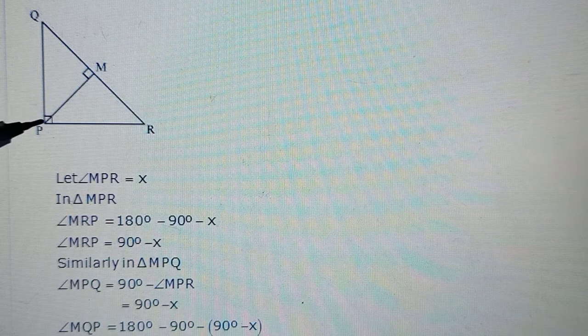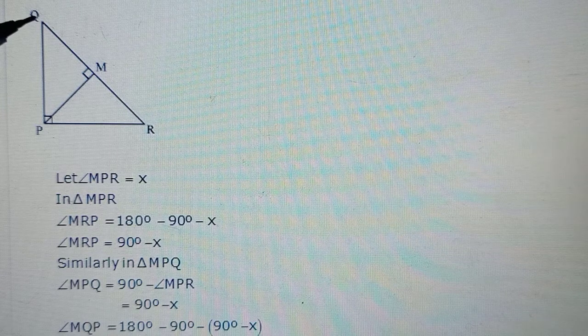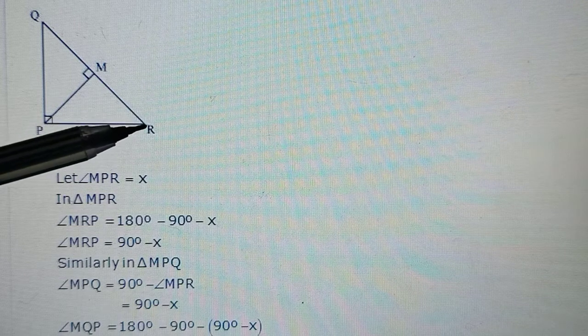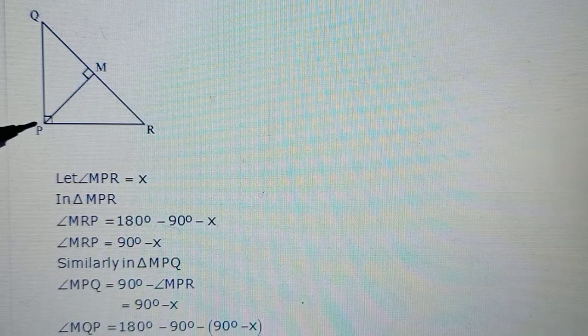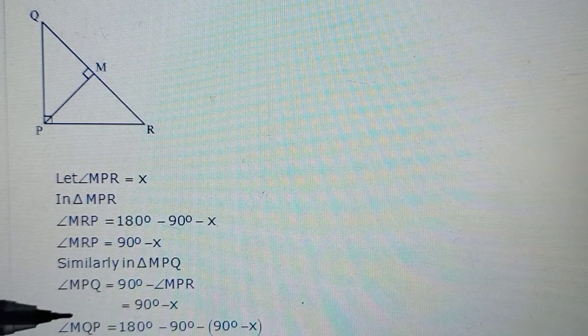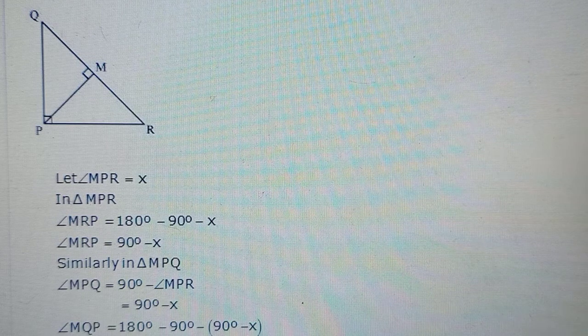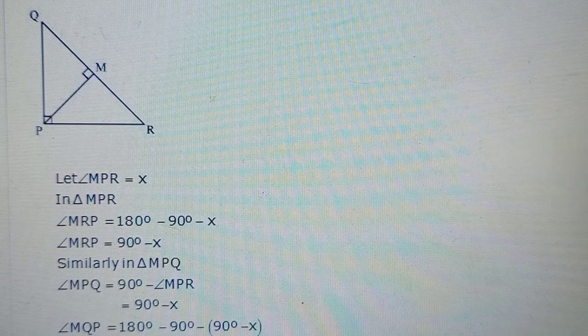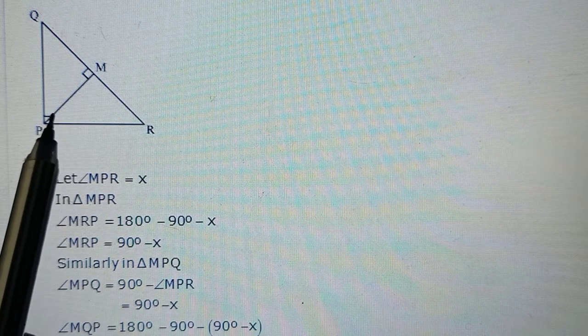Three similar triangles means your triangle QPR would be similar to triangle RMP, further similar to triangle QMP. All right, how does that happen? They've explained that to you here further. Suppose they are saying take your triangle MPR.